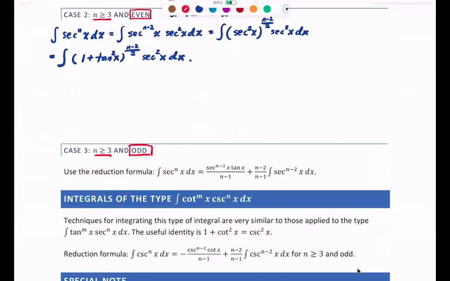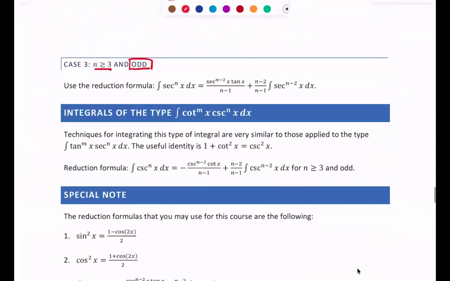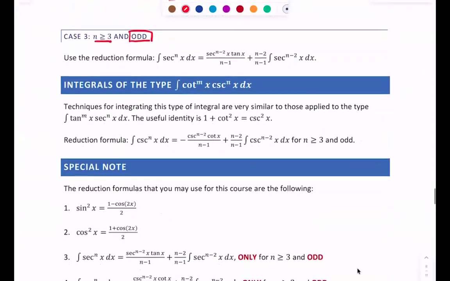Okay. And whatever we just talked about with tangent secant combination, you mirror it to cotangent cosecant combination. And you can use this reduction formula if n is greater than or equal to 3 and it's odd.